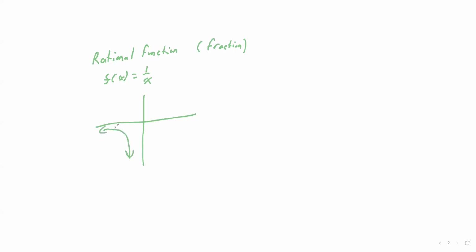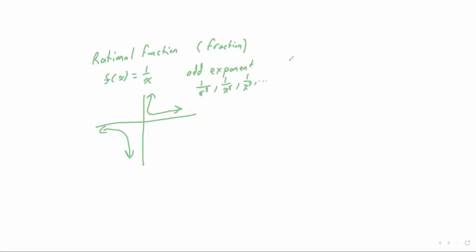They have what we call branches, one in quadrant 1 and one in quadrant 3. Basically, any rational function that has an odd exponent will look like that. So that's like 1 over x cubed, 1 over x fifth, 1 over x seventh, and so on and so on.